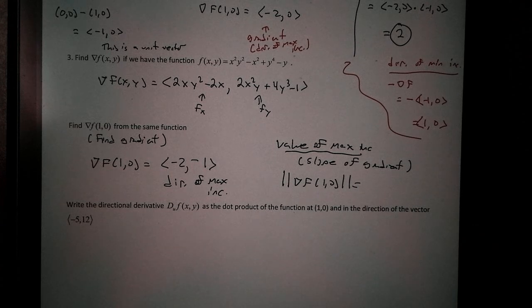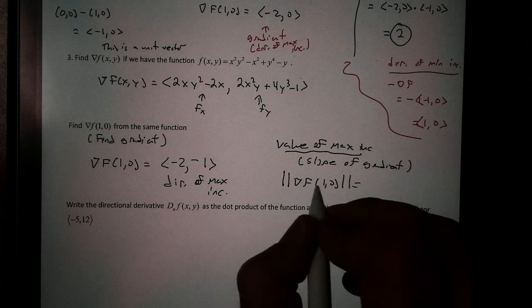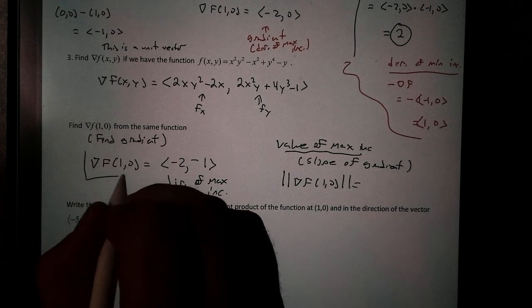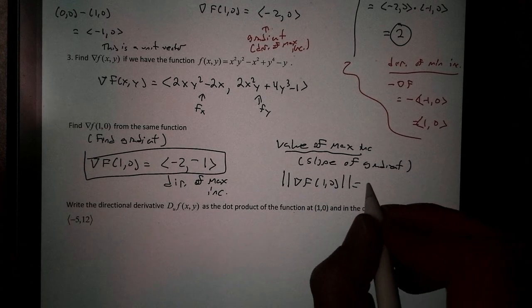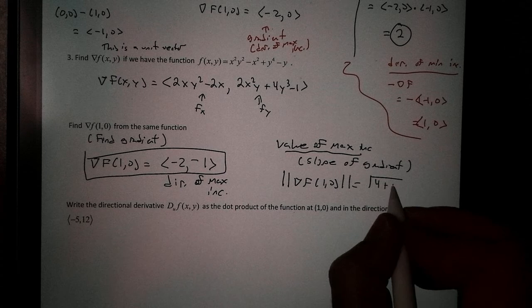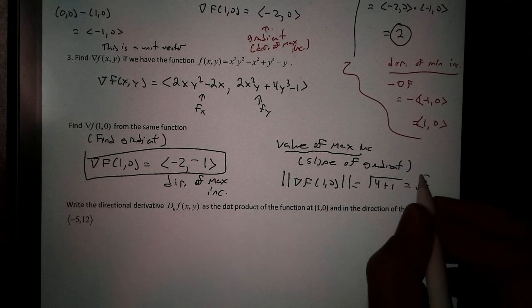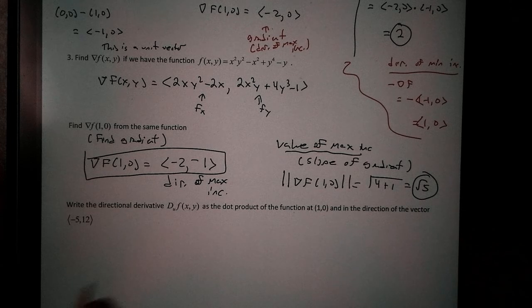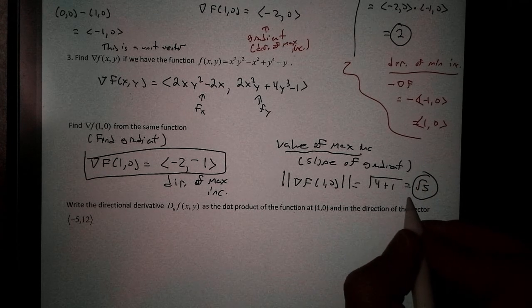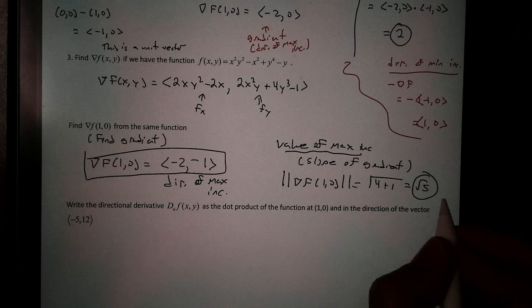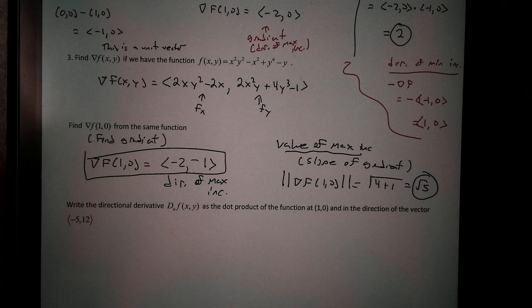The value of the maximum increase is the magnitude of del f. Take the magnitude: negative 2 squared plus negative 1 squared, that's 4 plus 1, and we get root 5. So this is the slope in the direction of greatest increase. That's what that's telling me.